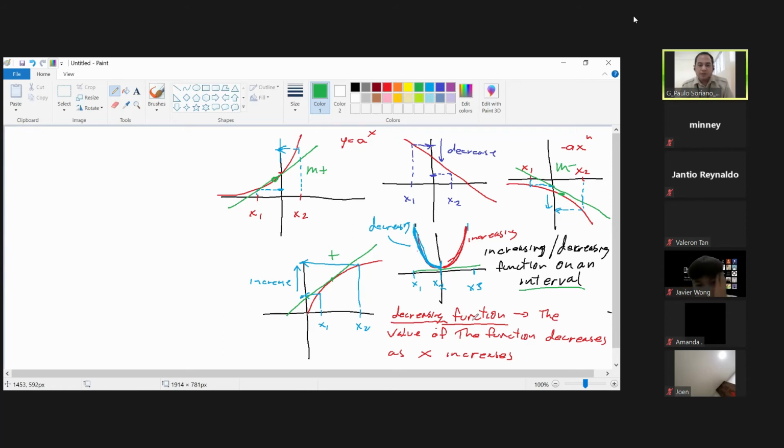You get the idea or the reason behind it? Yes, teacher. Remember your tangent? That is a negative gradient, so decreasing. Here is going to be a positive gradient, so that is going to be increasing.